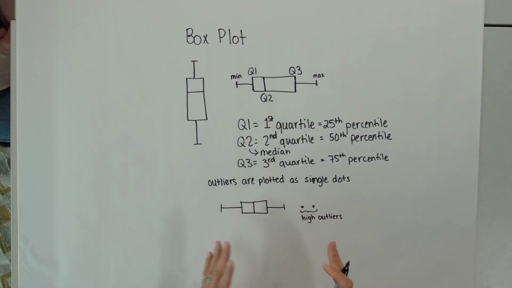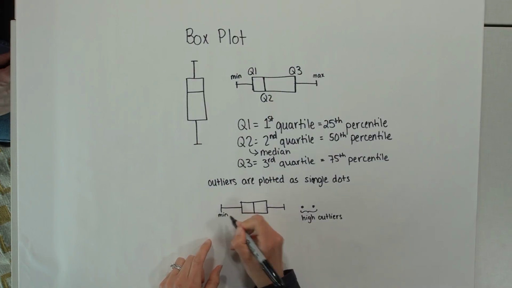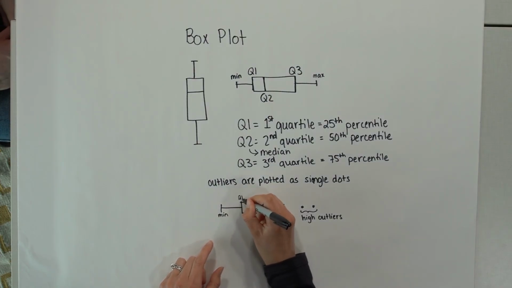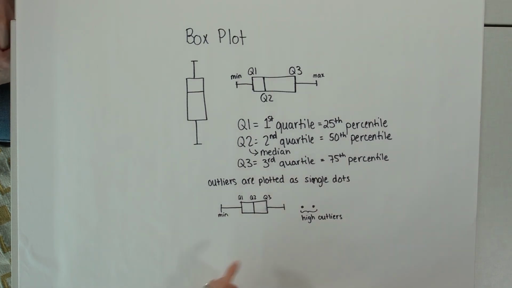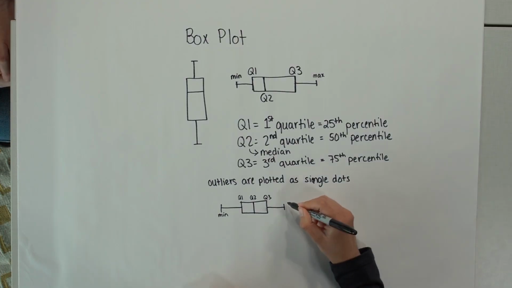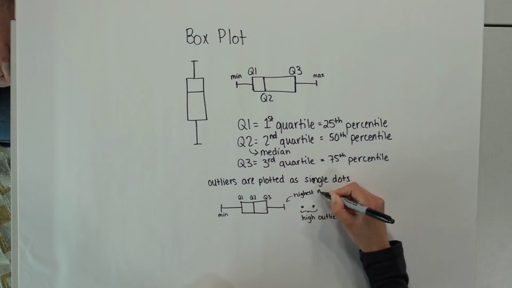But there's a way to figure out what's an outlier and what's not. And then this is still going to be our minimum value. The box is still going to be Q1, Q2, and Q3. And then the only difference is that this end of the whisker, instead of being our maximum value, because now our maximum value is this high outlier, this is the highest non-outlier data point.